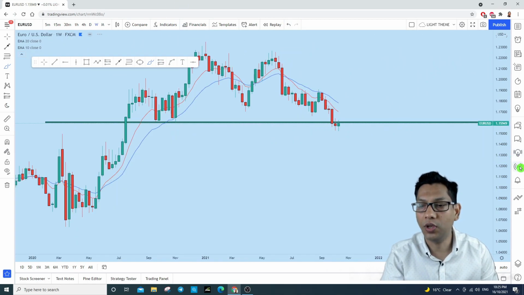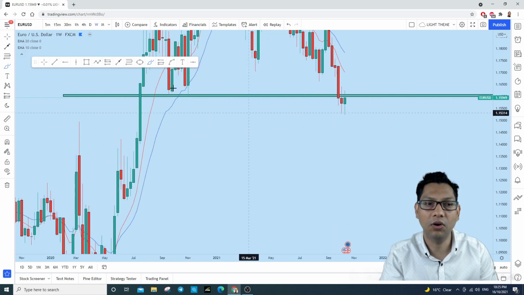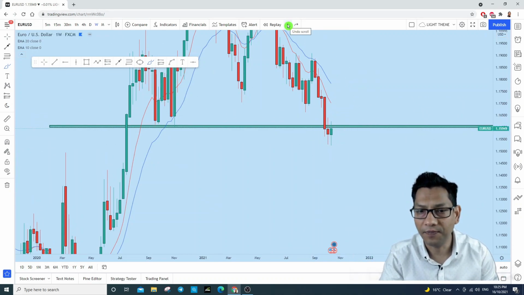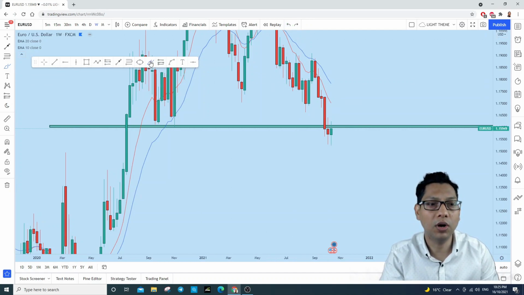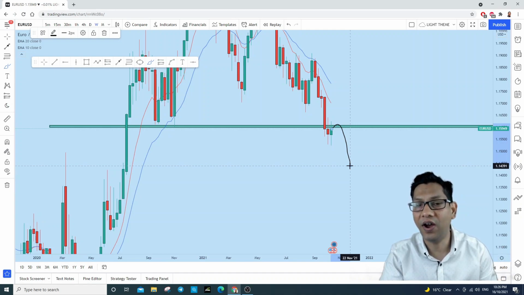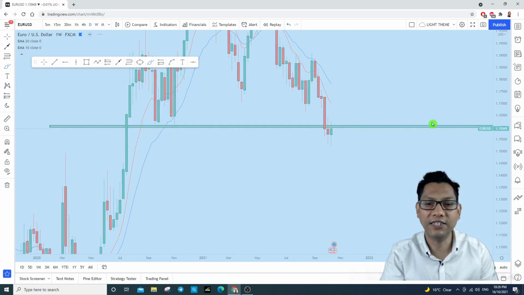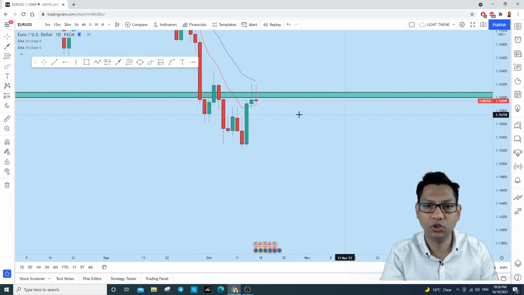On the weekly, the previous 2 weeks have created two dojis with a lower high. So in the new trading week, we can expect a little bit of retracement and a further drop from here.